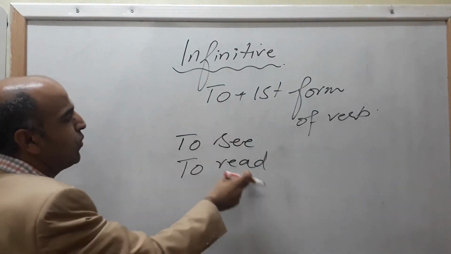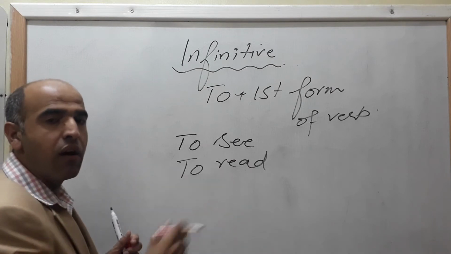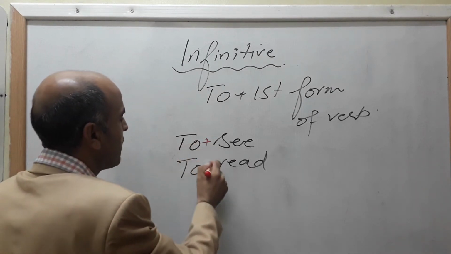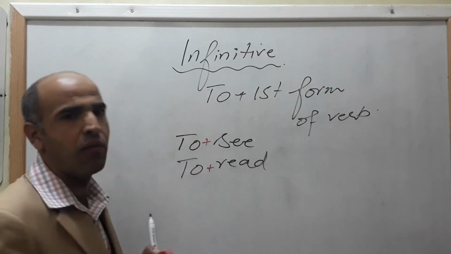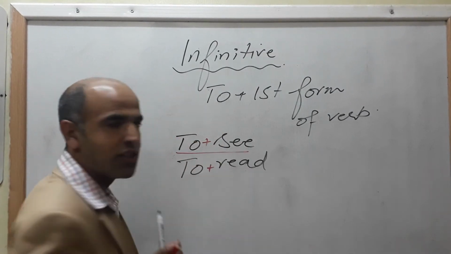All these are the same. To see, to read, to jump, to write, to run. All these, to plus base form or lexical form of verb, are called infinitives.